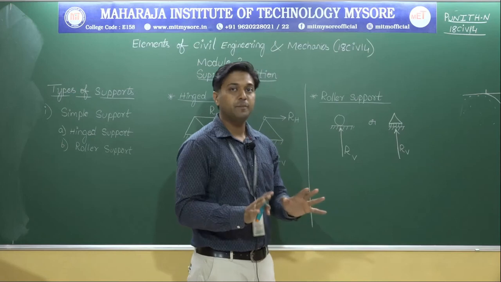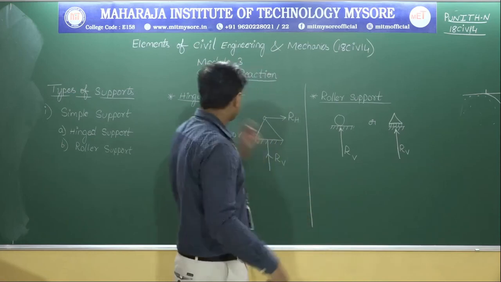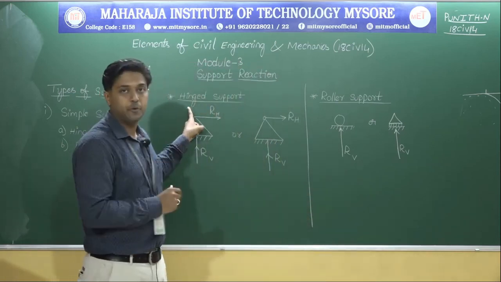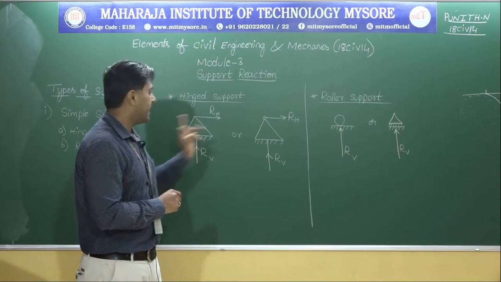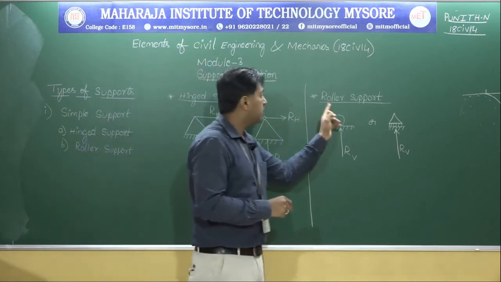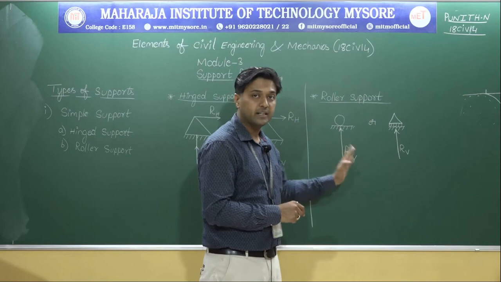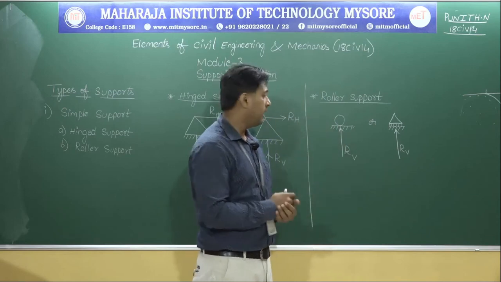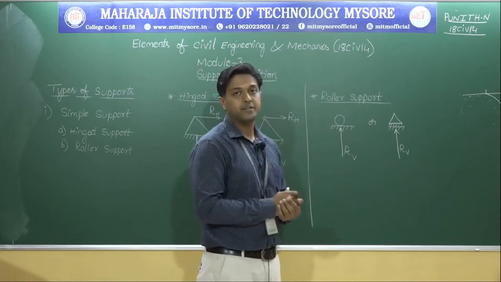This semester, I will not be going deep into the topic. Whenever you come across a hinged support, just think that there are two reactions. Whenever you come across a roller support, think that there is only one vertical reaction.